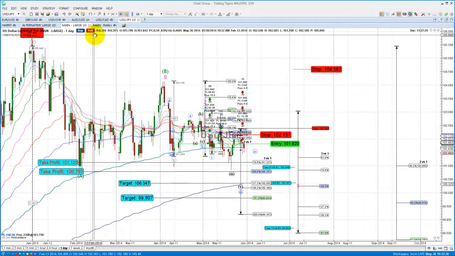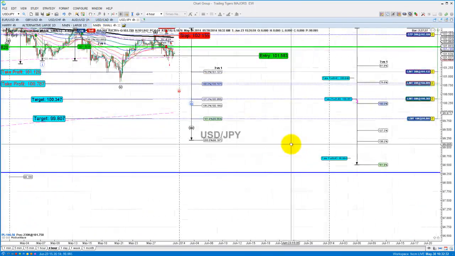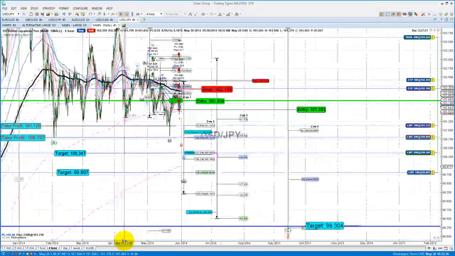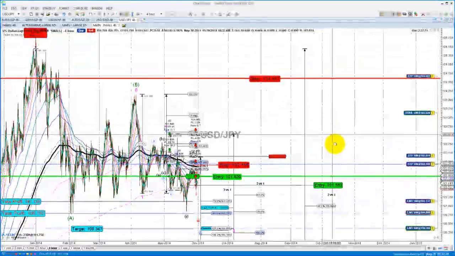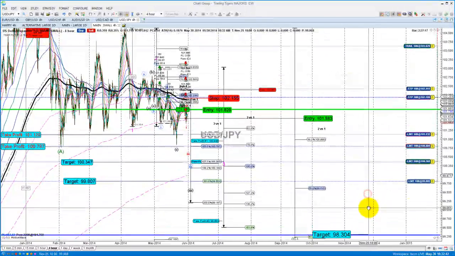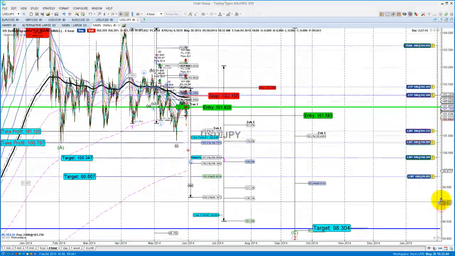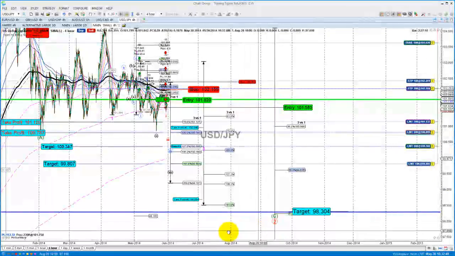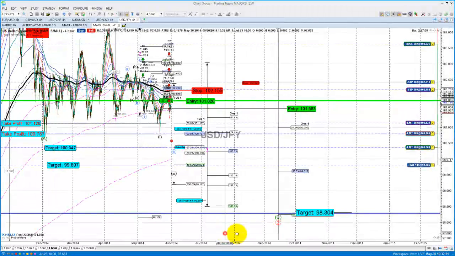What I'm going to do is break this down into the 4-hour chart so we can have a better look exactly where we stand accordingly. So there's the 1. We're really looking for a wave 2 of the primary degree, the primary degree being in green.